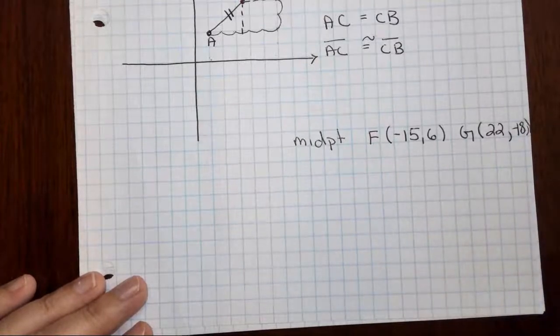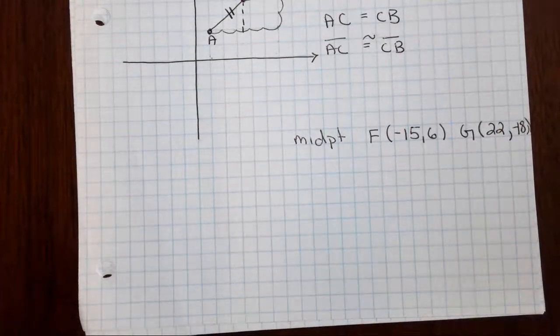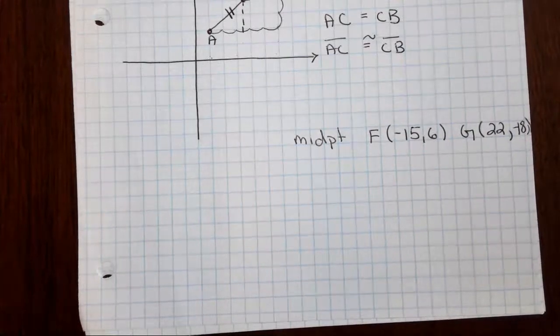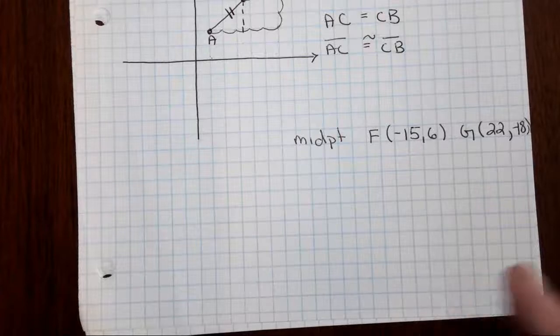Okay? So what's the midpoint between those 2? That's a lot to graph. And on a test or a quiz, you are not going to have time to do that. So we need to figure out a different route.